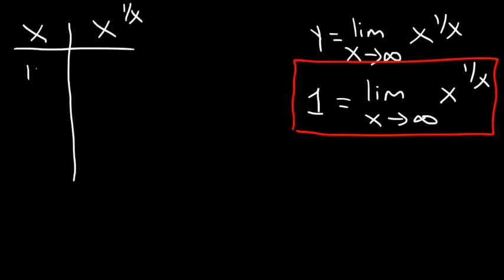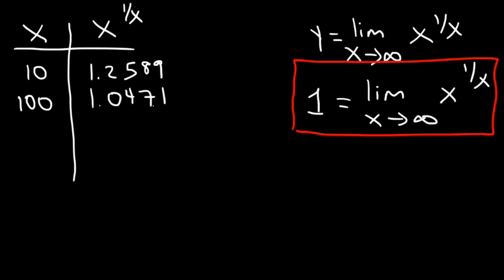Now let me analyze something. I take this function, please see, x to the power 1 by x. If I take the value of x to be 10, then 10 to the power 1 by 10 comes to around 1.2589. If I take x equals 100, then the value becomes 1.0471.